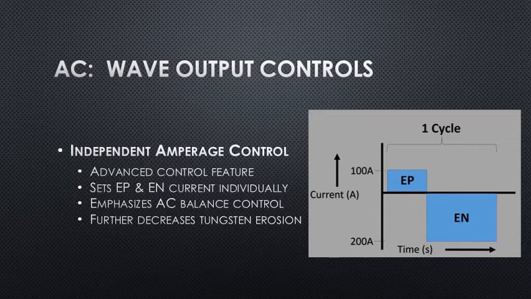This emphasizes AC balance control by only giving you enough time and current to clean the material and not any extra to ball the tungsten. It helps you to keep an even sharper point on the tungsten electrode, and it further decreases tungsten erosion. But like I say, it's not always essential for every application, and usually it's only available on the most advanced equipment.